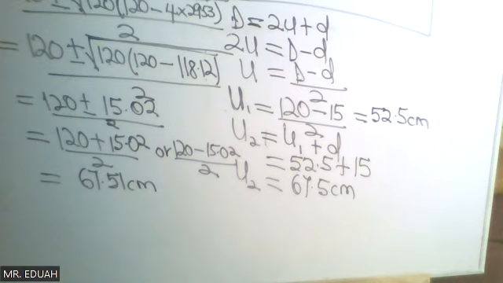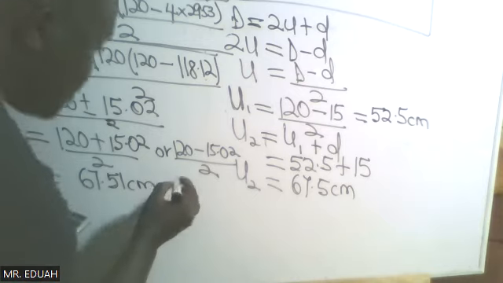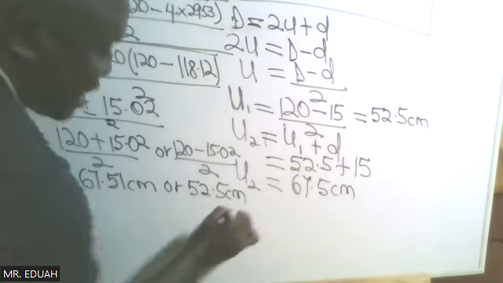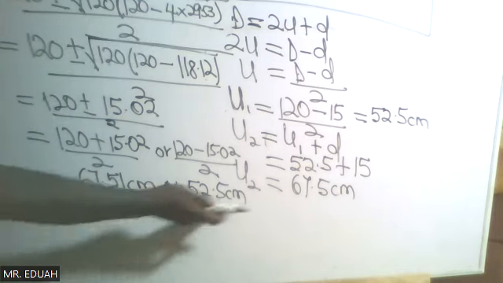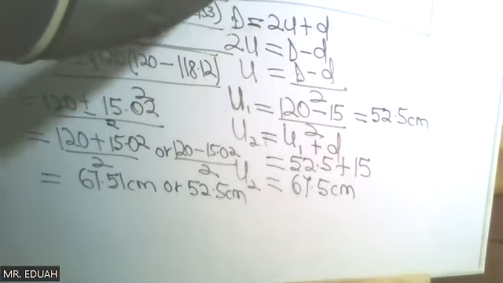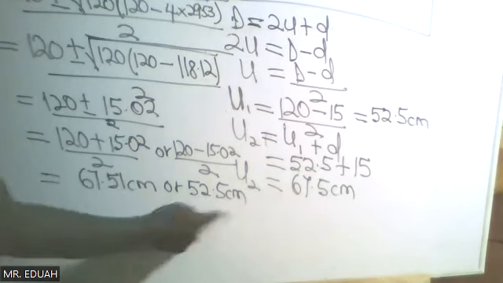Then the second one, when you subtract 120 minus 15.02, then divided by 2, this is 52.5 centimeters. So this is giving you the same values as you had. And this is the method of displacement. So the two possible positions of the lens where a clear image will be formed on the screen are this and that.